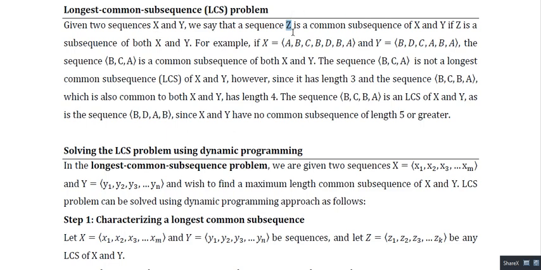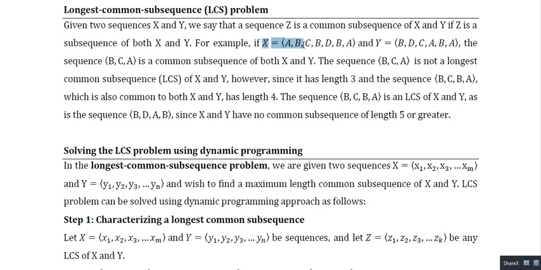The characters in z are present in both x and y, and no other common subsequence of x and y is longer than z.